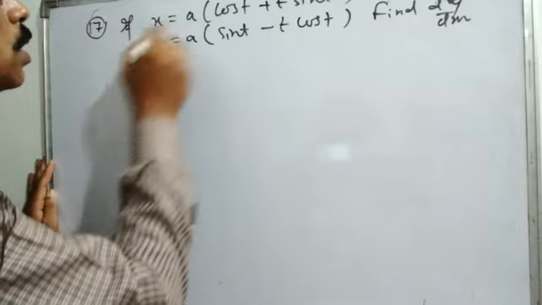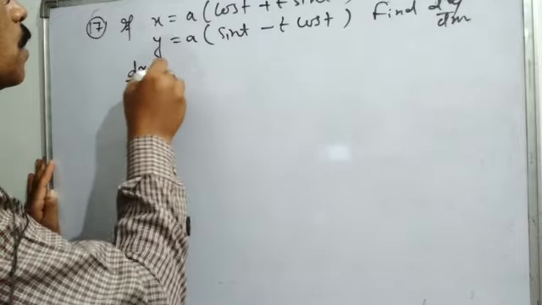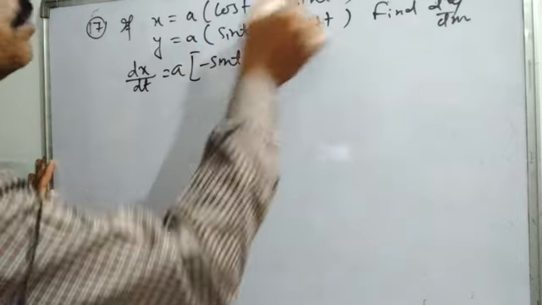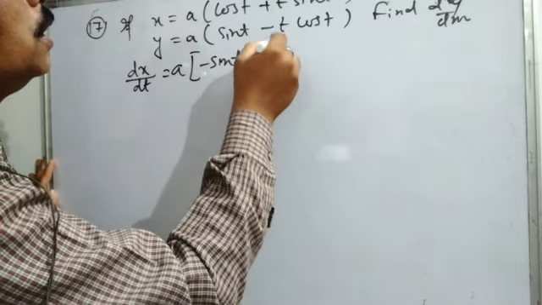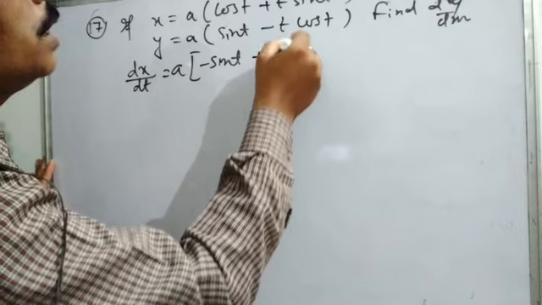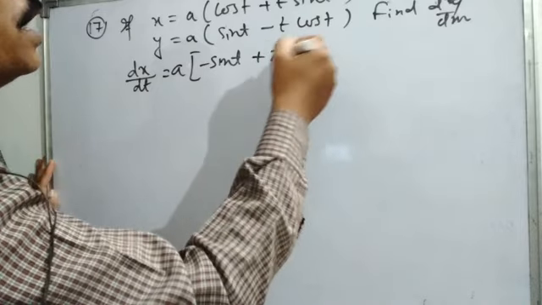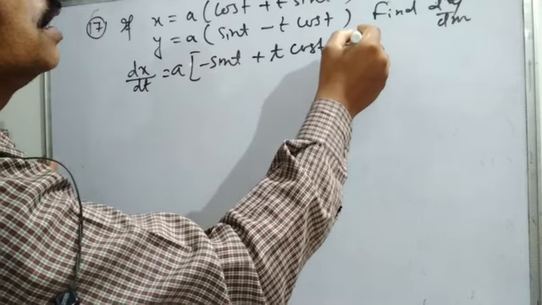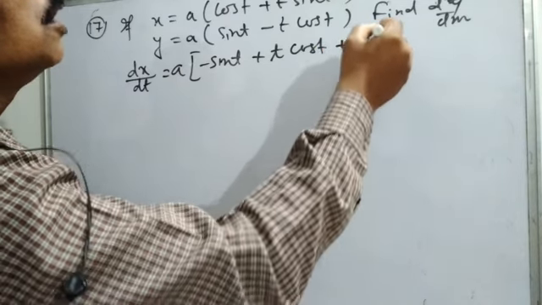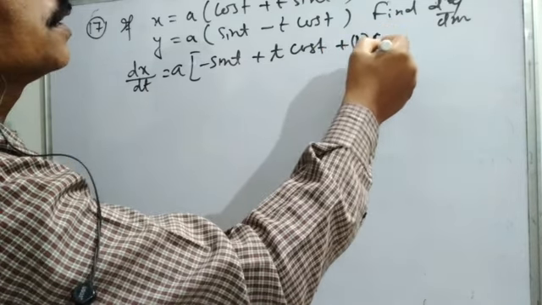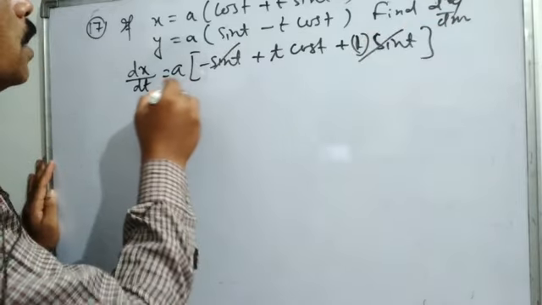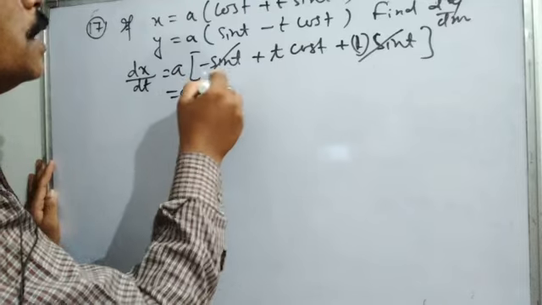differentiate x with respect to t: dx/dt is a cos t, minus sin t, again product rule, t constant, sin t derivative cos t, again whenever t derivative is 1, it will be sin t, then sin t cancels, it will be at cos t.